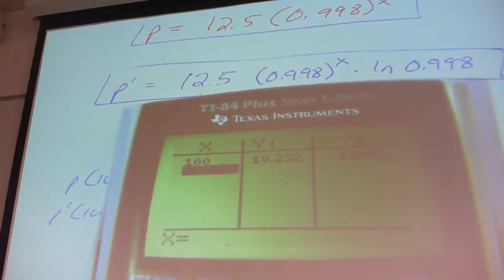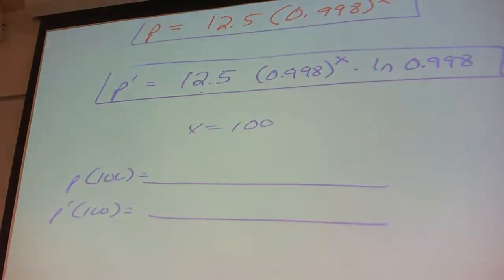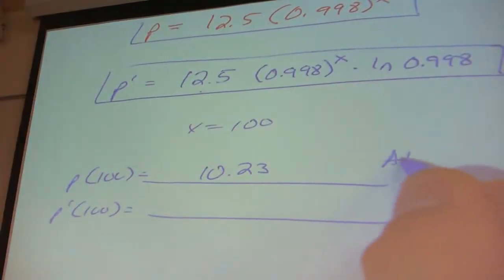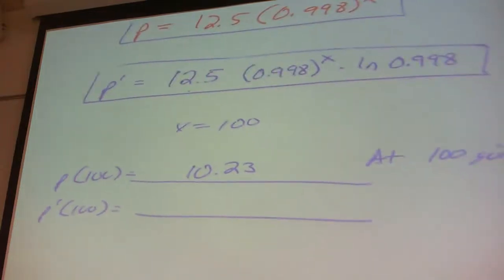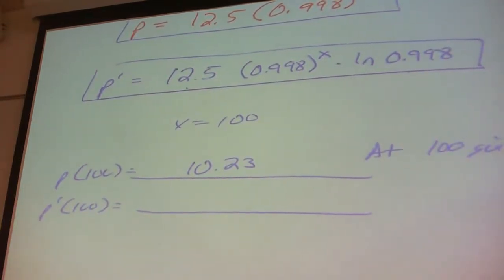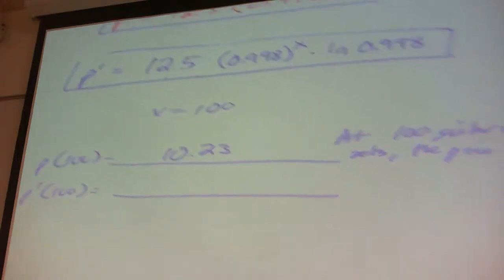Guitar string sets. What is y1 going to tell me? The price. So y1 tells me at 100 guitar string sets, the price is $10.23.